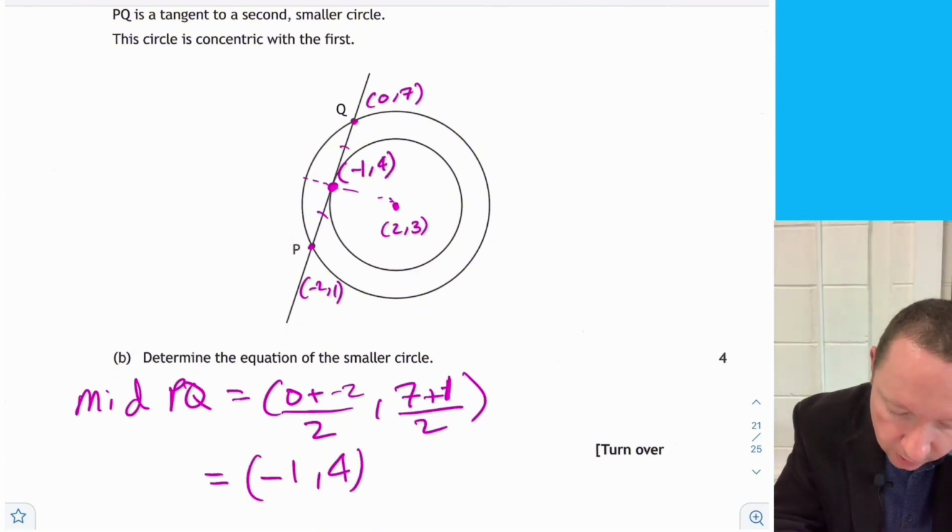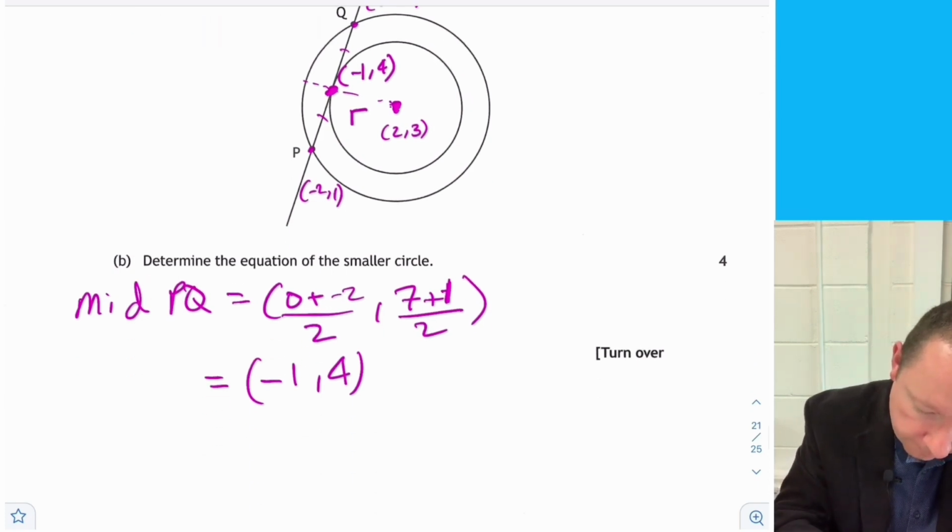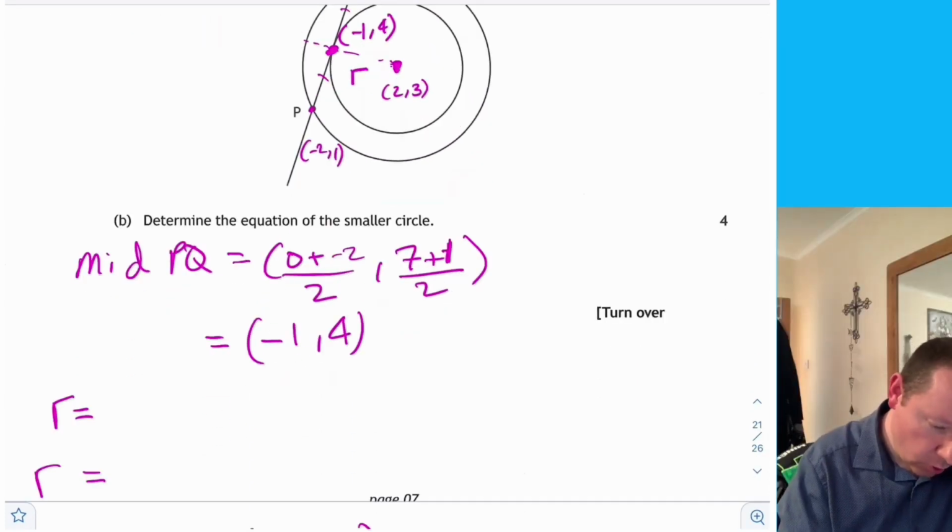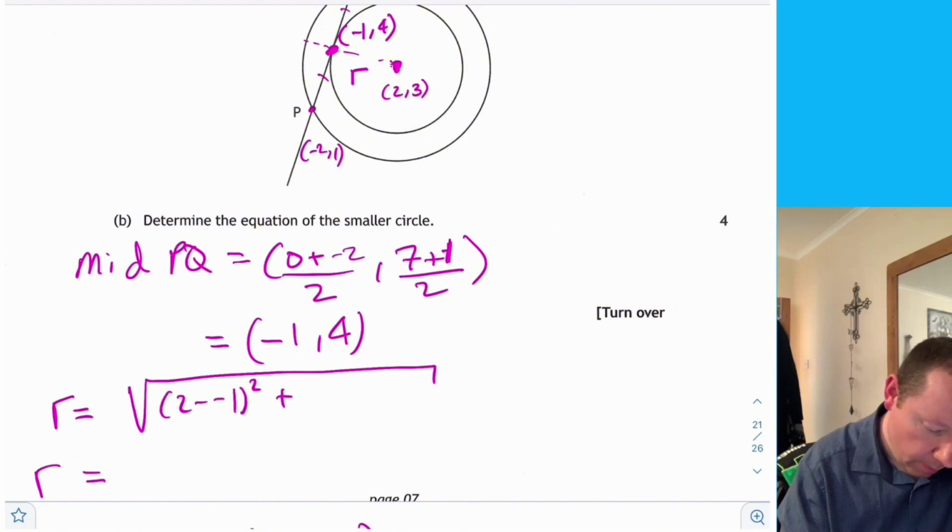So now we have the midpoint and we have the centre. We can work out the radius using the distance formula. We have got the square root of (x2 minus x1) squared, so (2 minus minus 1) squared, plus (y2 minus y1) squared.